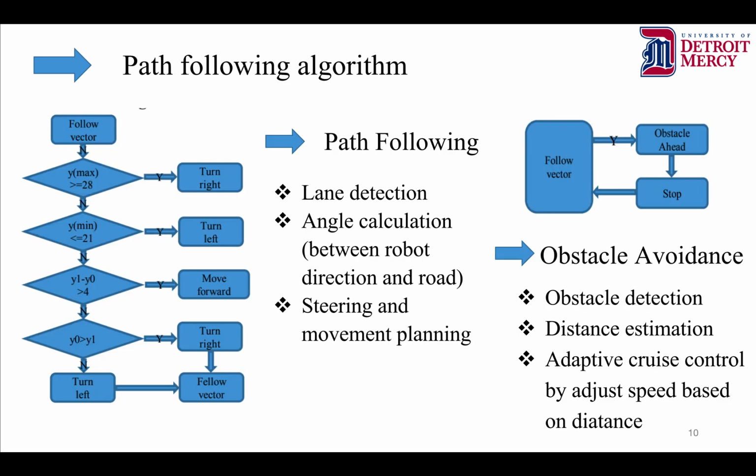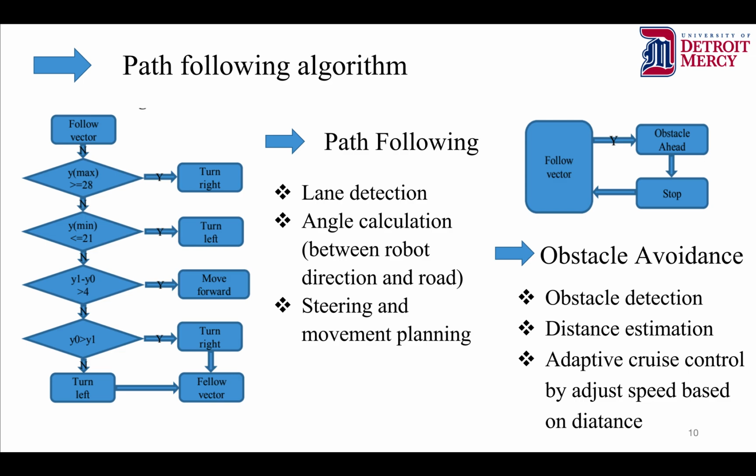For the path following algorithm, there are two parts. The first is path following, the second is obstacle avoidance. For path following, we have to do line detection and angle calculation. The angle is between the robot direction and the road.